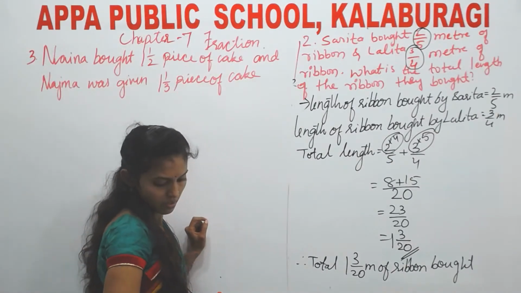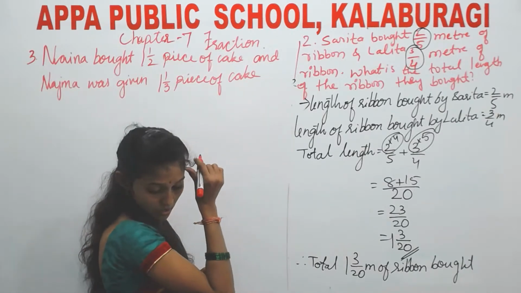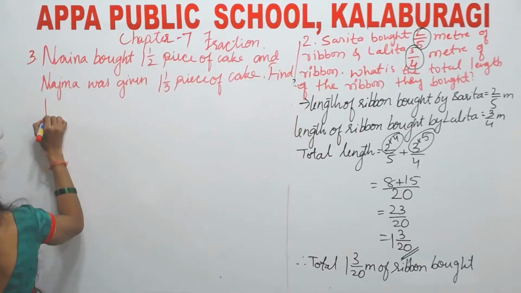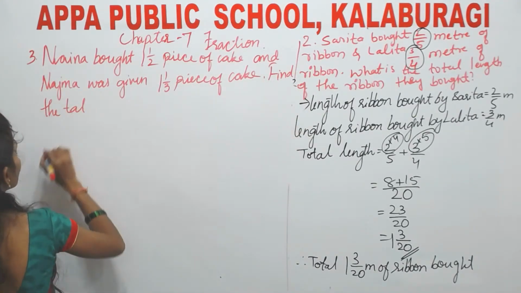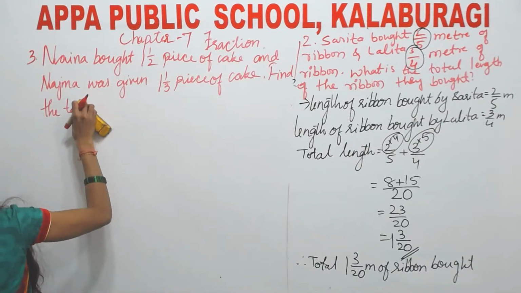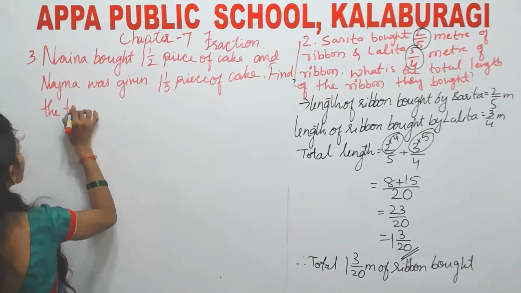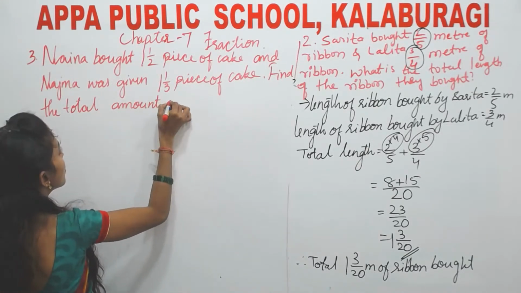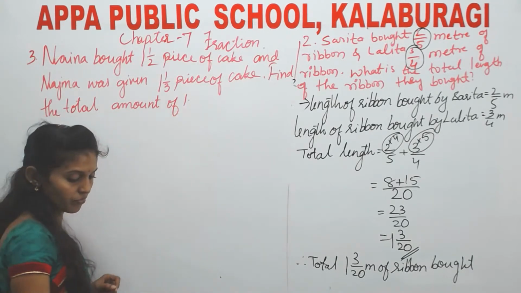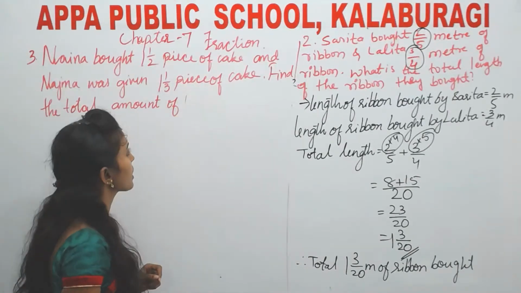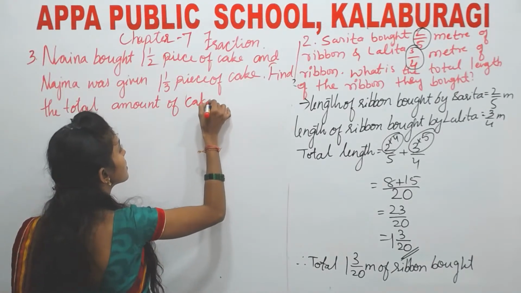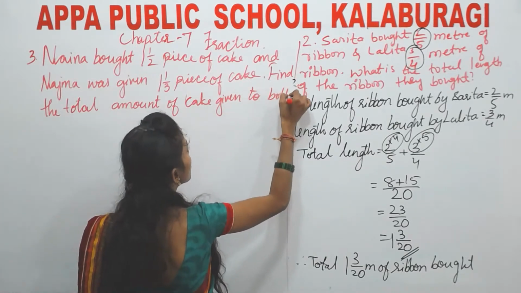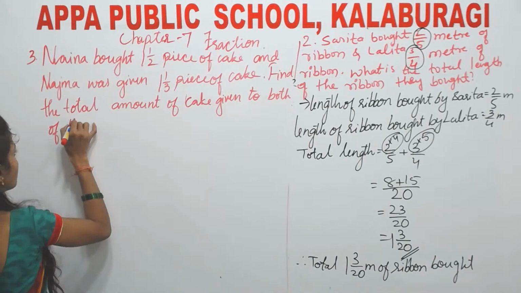Then find the total amount of cake given to both of them.